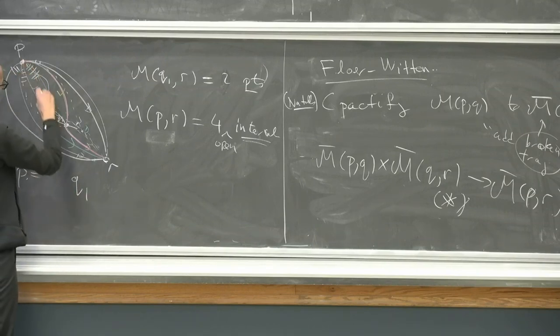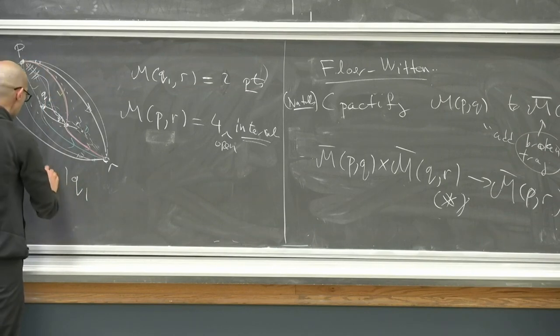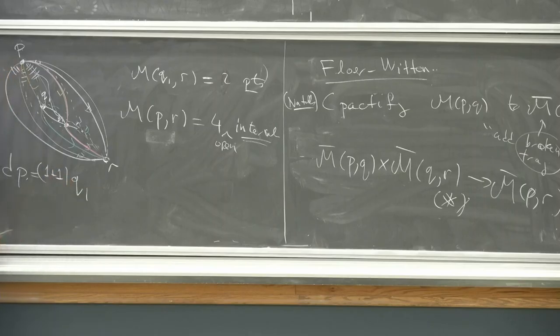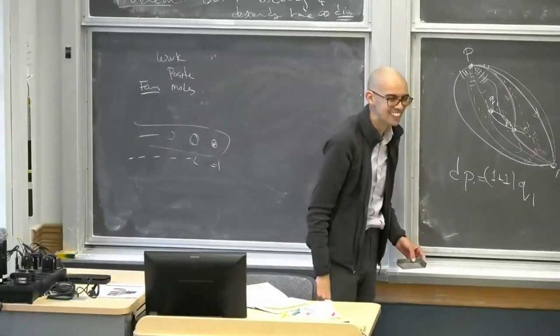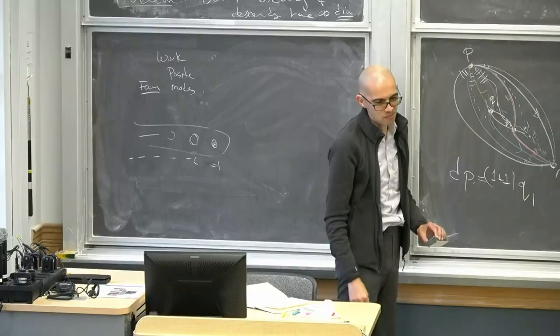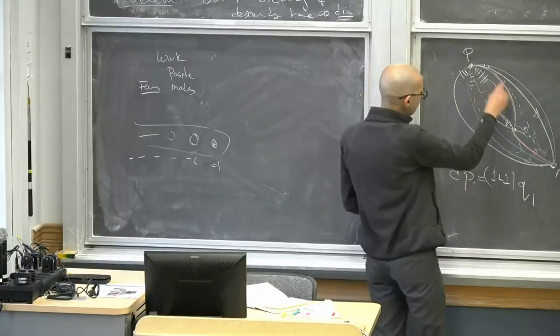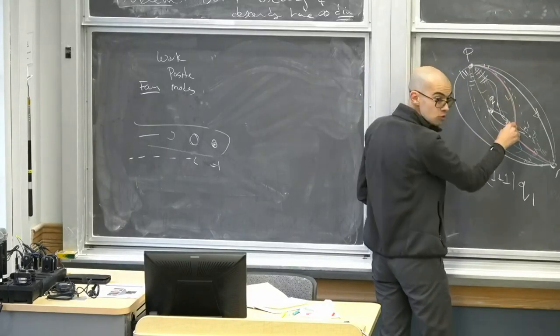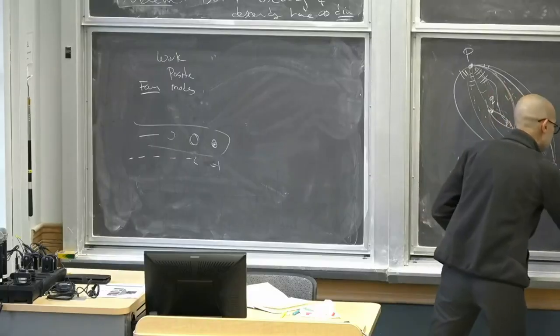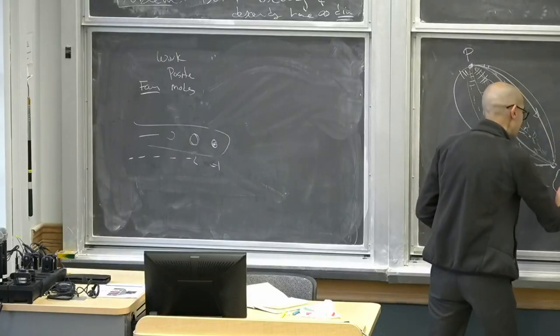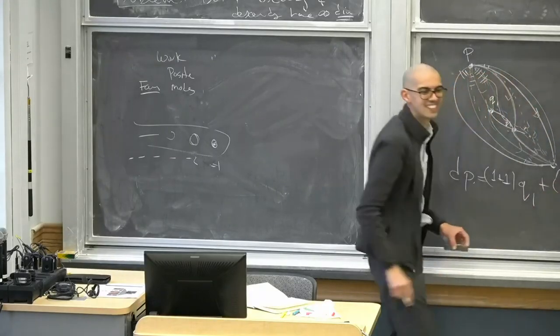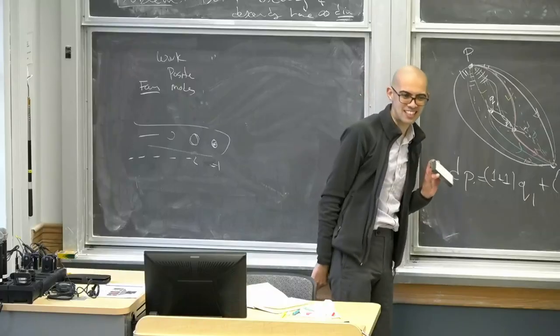How many things are there from P to Q1? There is 1 plus 1. Well, that's 0, and if I did it with signs, it would be 1 minus 1. Now there's also something that goes from P to Q2, so it should have Q2 too, and again it would be 1 plus 1. So this is not a very interesting example.